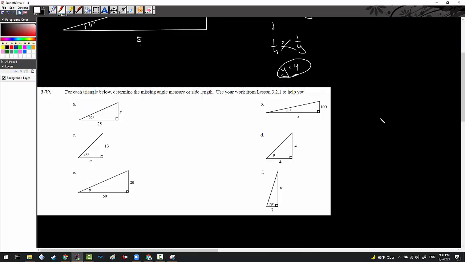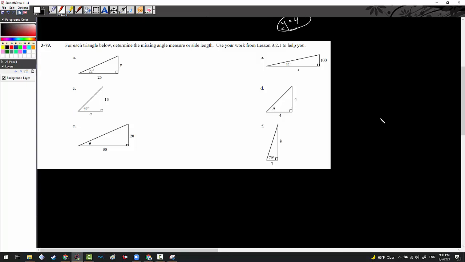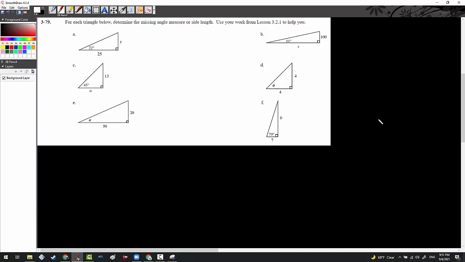In 3-79, we're supposed to determine the values of the missing pieces using our slope angle knowledge. And so from here, with part A, again, go back to the triangle notes that you had from the last lesson, and what we determined was that when you have a triangle that has an angle of elevation of 22 degrees, it was double the size, or double the slope of the 1/5, which was the 11-degree angle.